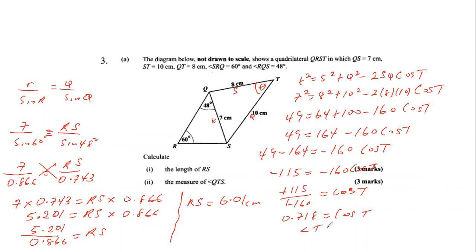So angle t is equal to cos inverse of 0.718. Now, let's find angle t and see what we get. Sir, 44.11. 44.11, okay, degrees.